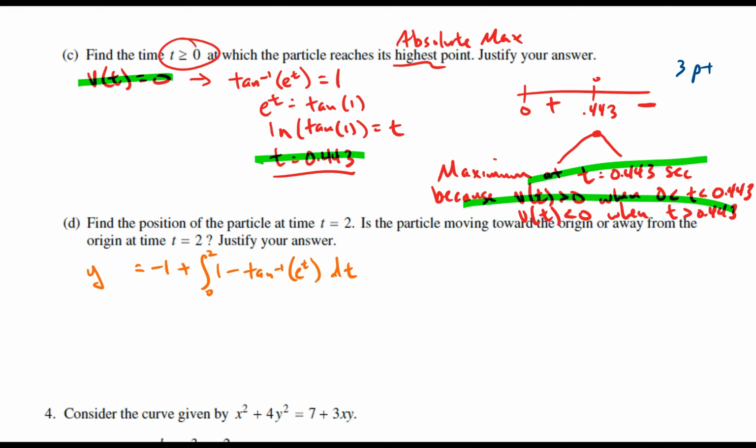So we can go ahead and change that y of t to just y of 2. And now we can go ahead and evaluate that using our calculator. Let me get this switched back over to the calculator real quick.